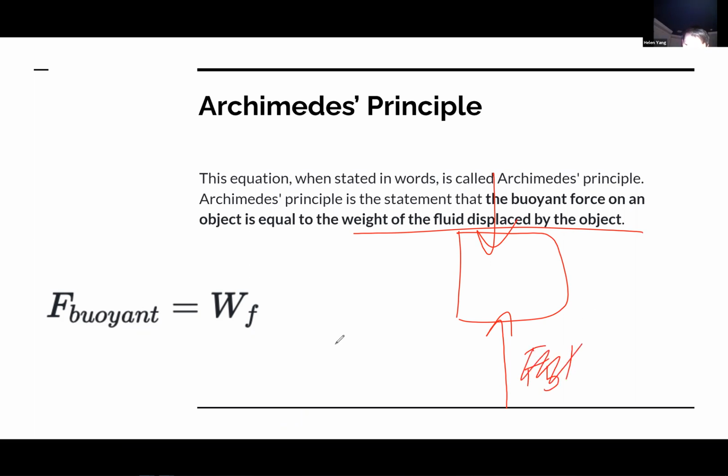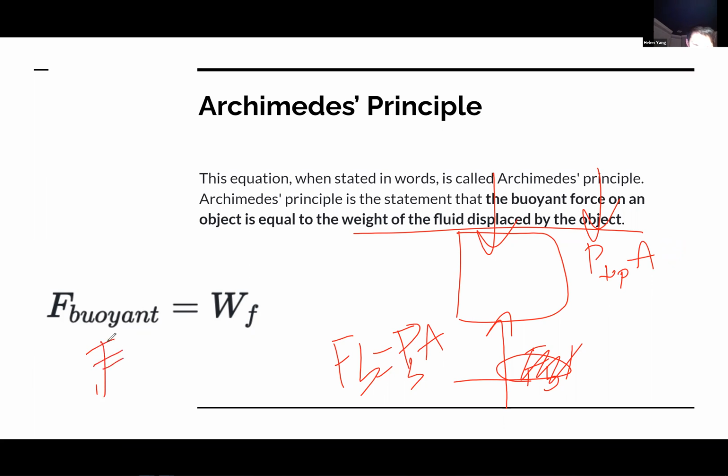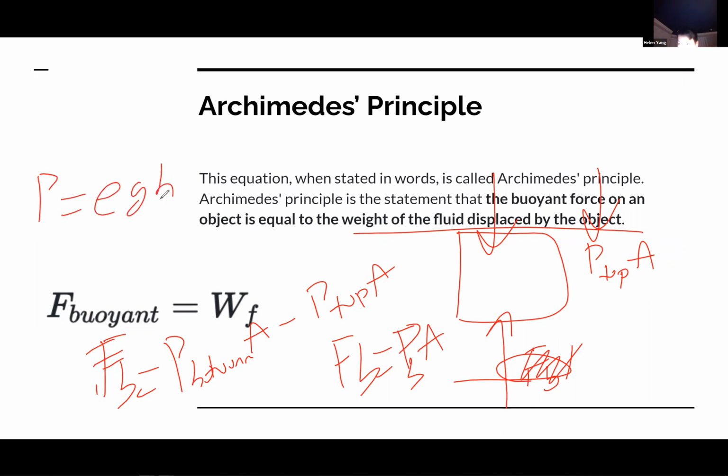This would be FB is equal to P bottom times A. This is the bottom pressure, since it's the pressure over here. And this is the one over here, which is P top times A. So the buoyant force would be the bottom times A minus the top times A. And you know you can write pressure as rho times g times h.